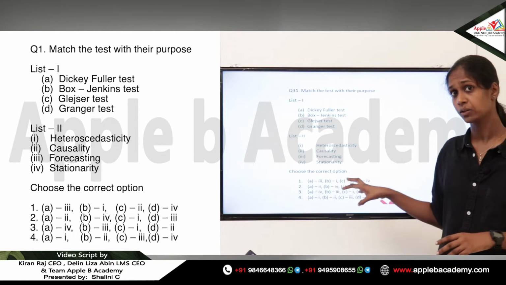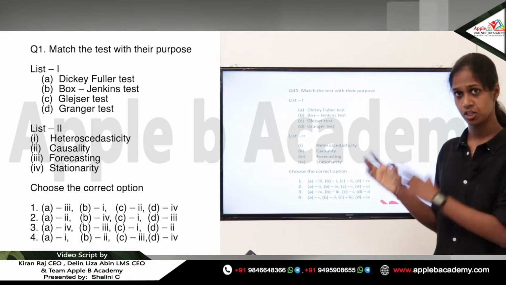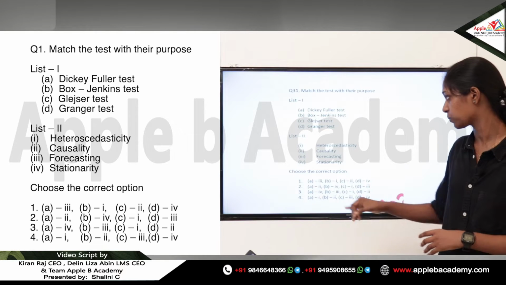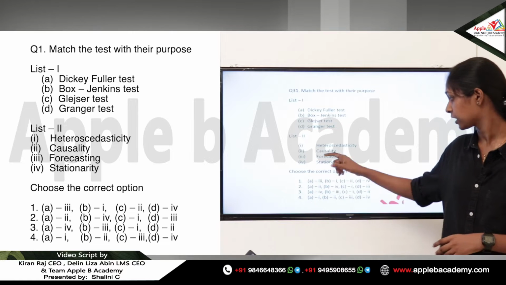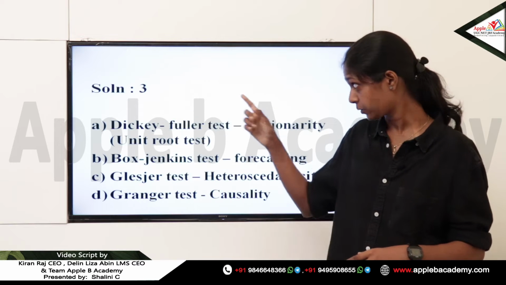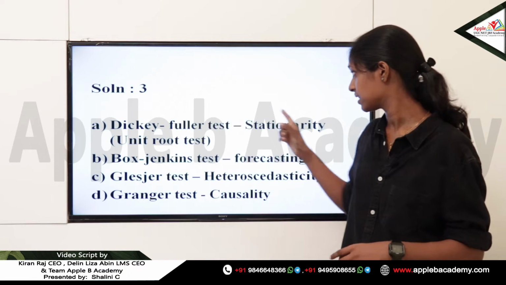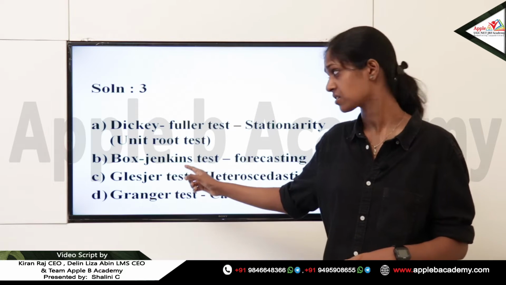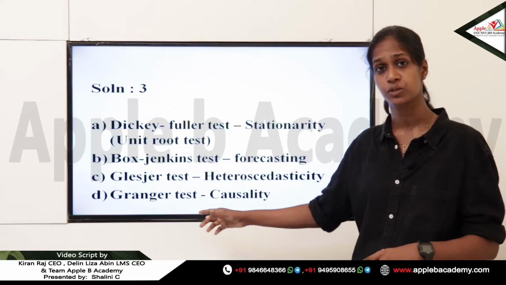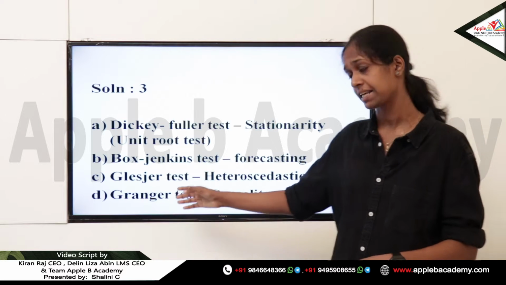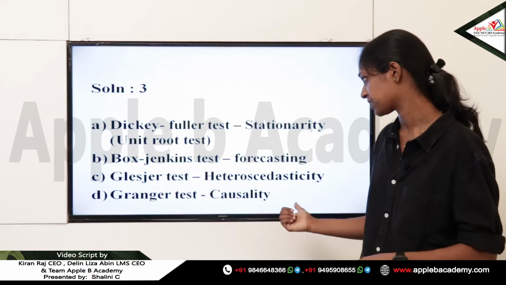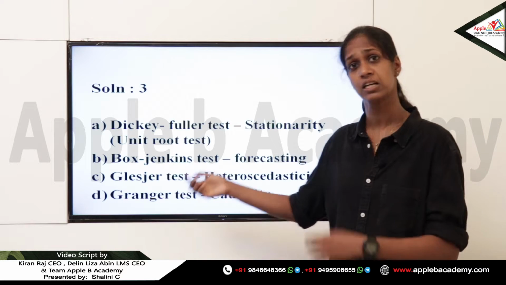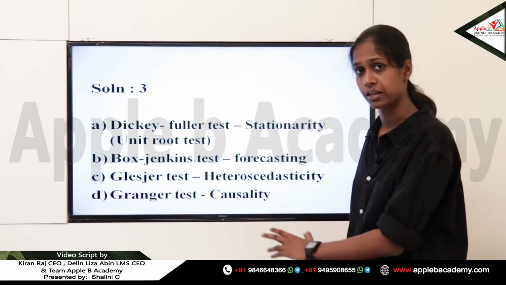If we match all of those, we get the answer even from the first option itself, but still if we match all of them, we will get 3 as the option. So the solution is 3. Dickey-Fuller test is stationarity, and another test used for stationarity is the unit root test. Second, Box-Jenkins test is used for forecasting. Glesjer test is used for heteroscedasticity and Granger test is used for causality. This is in the context of this question.